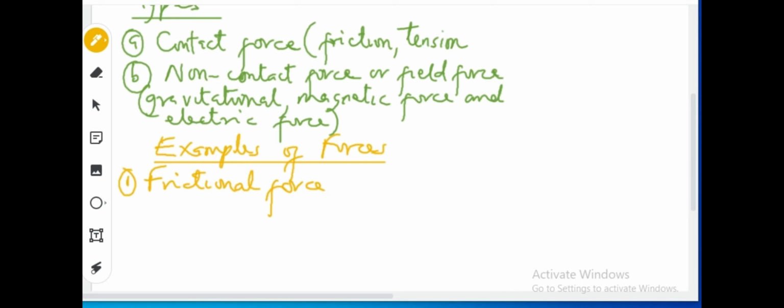Well, you mean in the opposite direction to the motion.